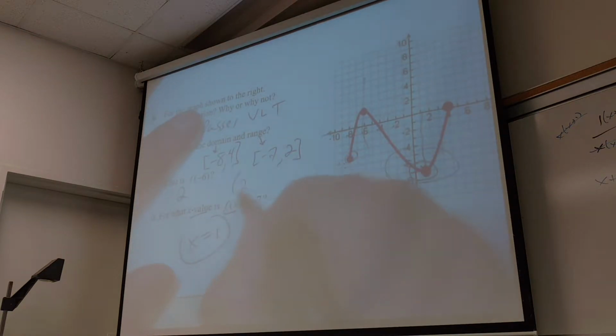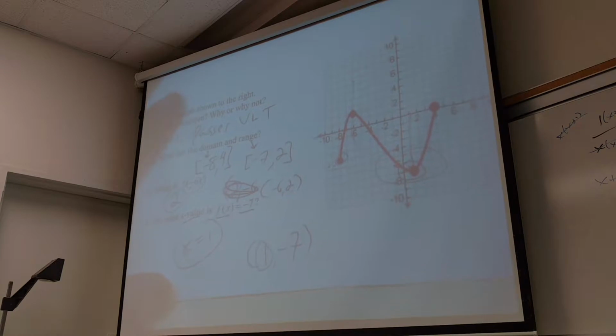Because this goes to the point -6, 2, then f of -6 must have been 2. That's why they put the point there.